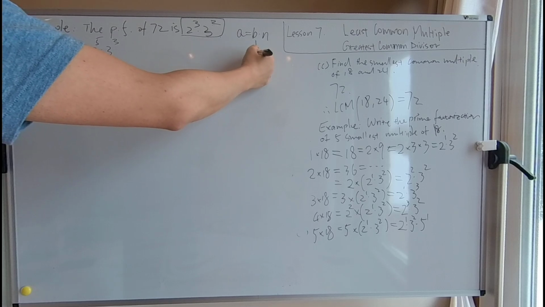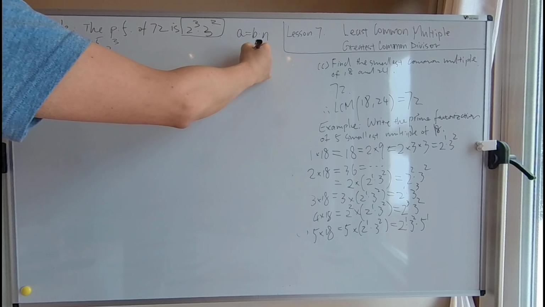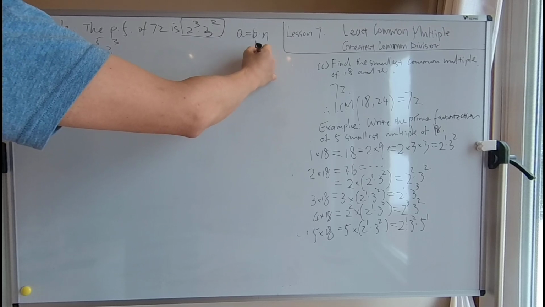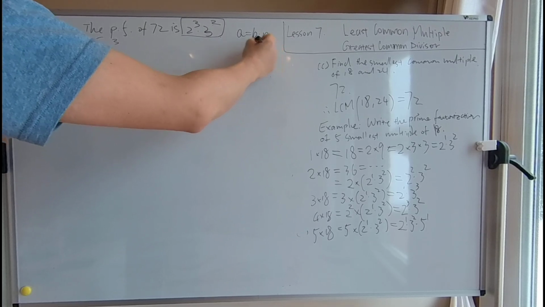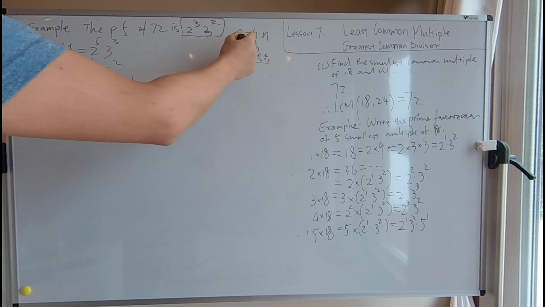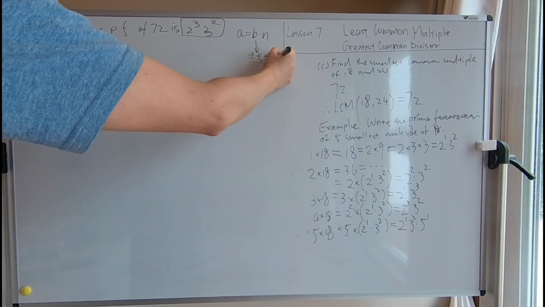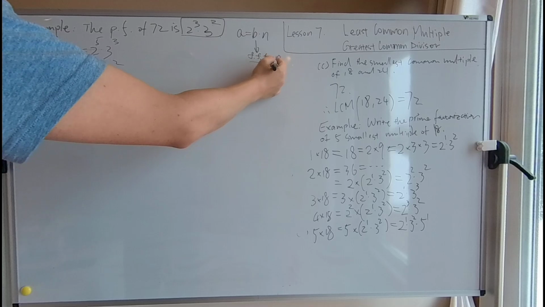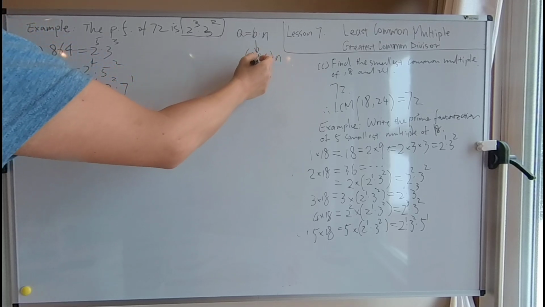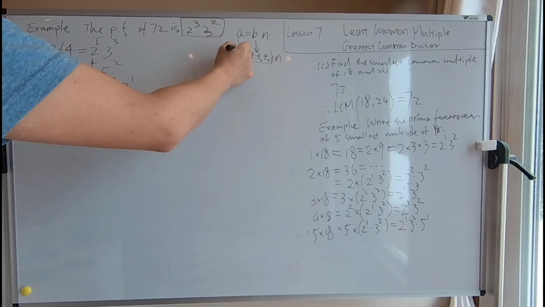If I write some random notation as factor 1 times factor 2 times factor 3, the composition of all the factors from number b, then if you multiply by another number n, this group is still partially the factors of number a.